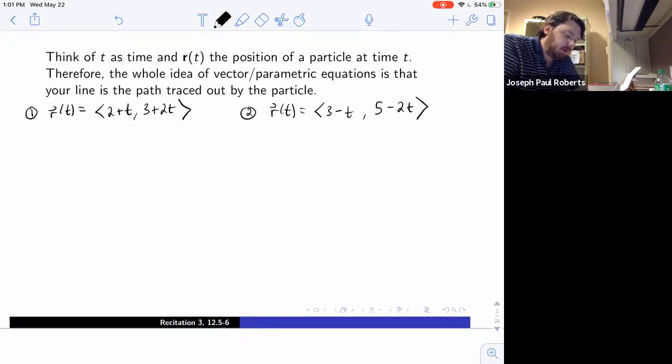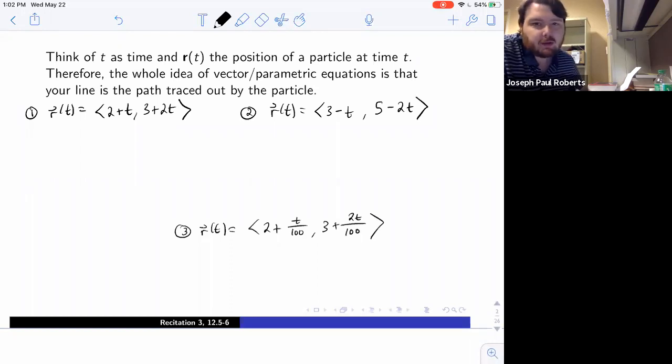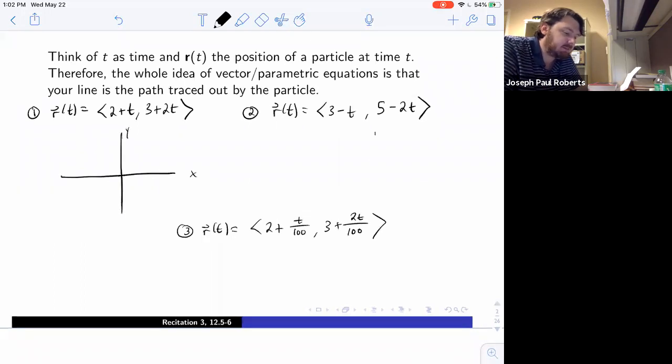And then finally, I could have r of t is 2 plus t over 100, 3 plus 2t over 100. The idea is that I'm going to show you that these three different equations trace out the same exact line. So, okay, let's draw our xy axes and take a look.